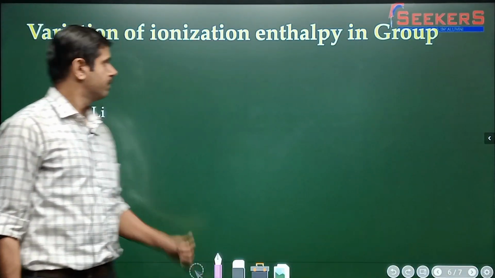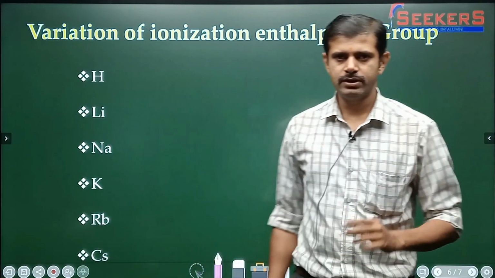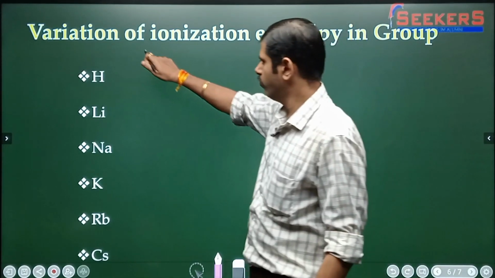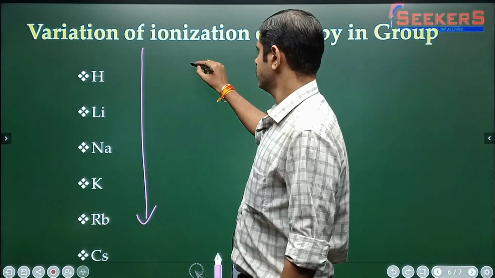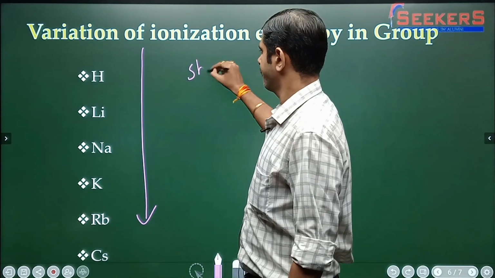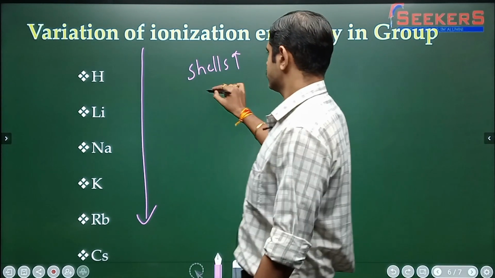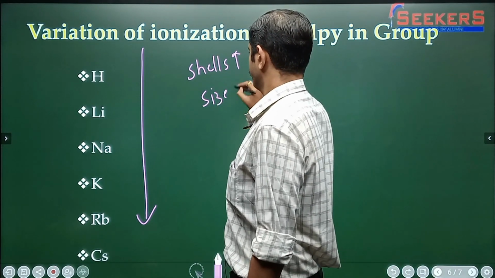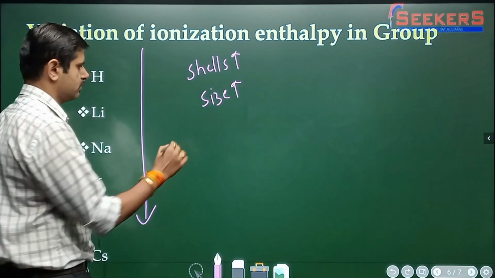Now we will see ionization enthalpy in a group. What happens to ionization enthalpy in a group? We know that moving down a group, shells increase, size increases. So what will happen here?